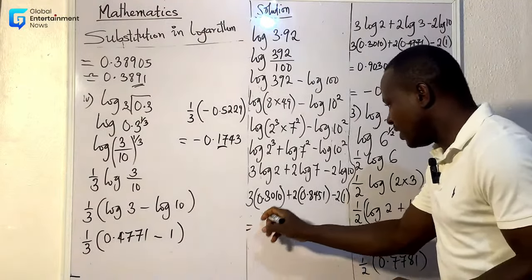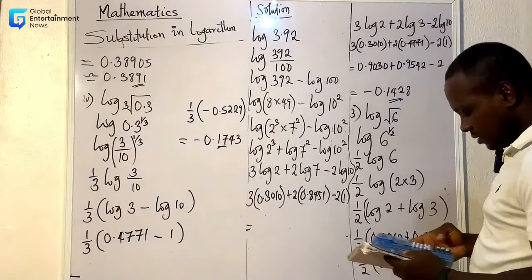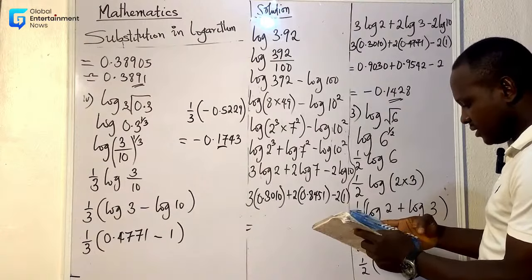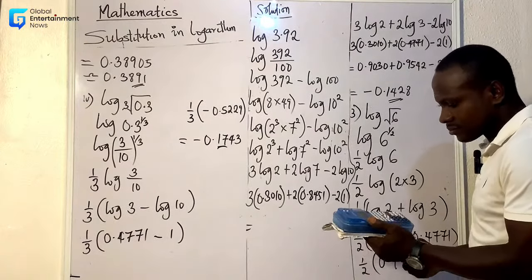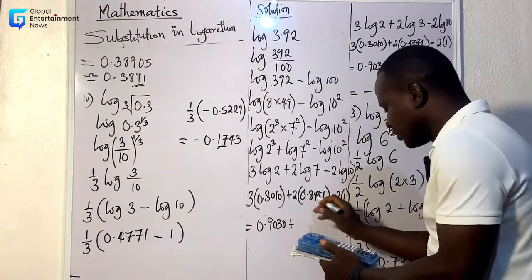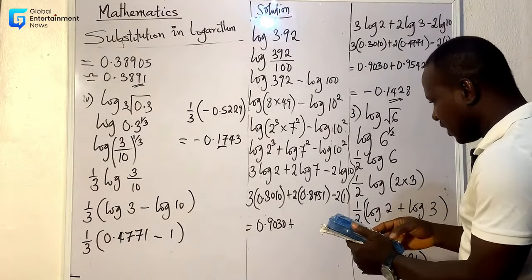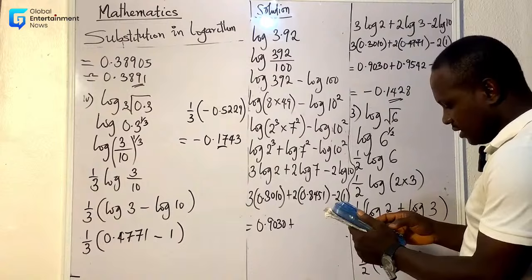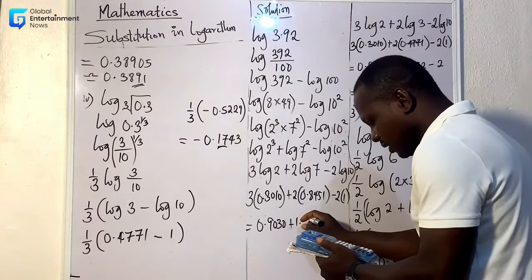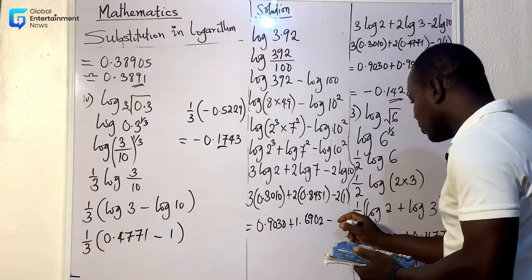So what do we have? Let me quickly multiply this. I have 3 times 0.3010, that gives me 0.9030, plus, let me multiply the second one. I have 2 times 0.8451, so what I have here is 1.6902, minus 2 times 1 is 2.